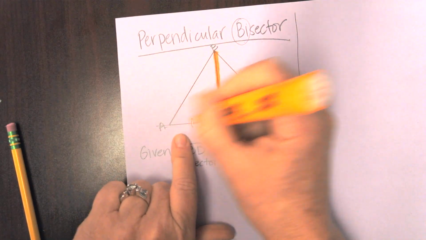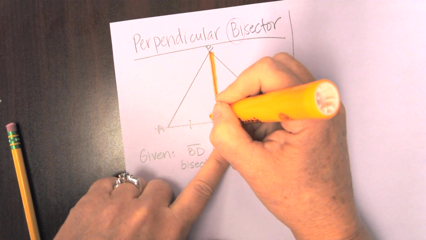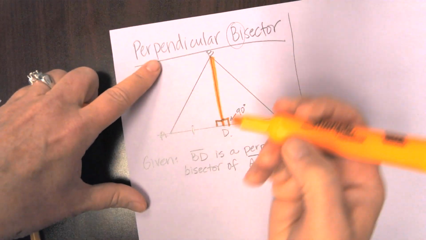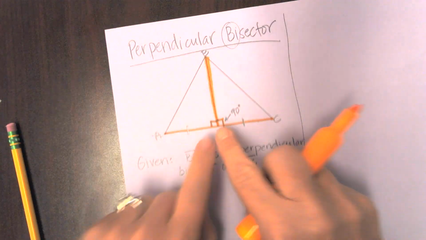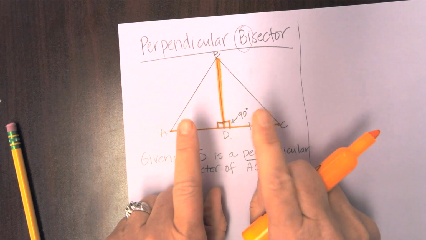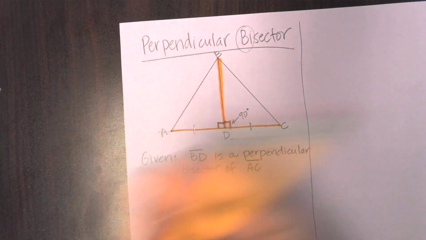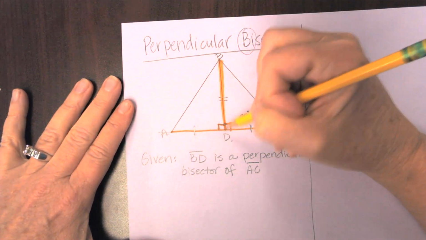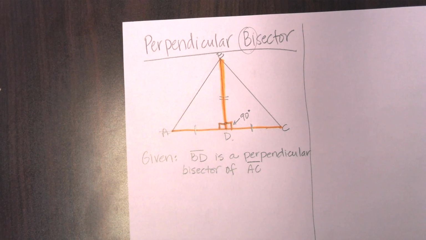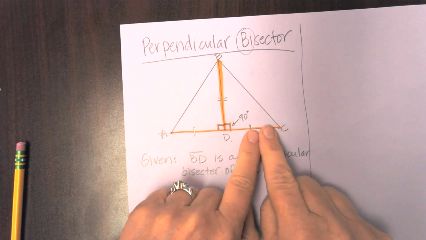It bisects AC into 2 equal parts, and it creates two 90-degree angles. So now I can prove that my angles are congruent and my two line segments are congruent. And if you remember from the last one, the reflexive property tells me that BD is congruent to itself. So now we can prove that this triangle is congruent to its neighbor, its other triangle.